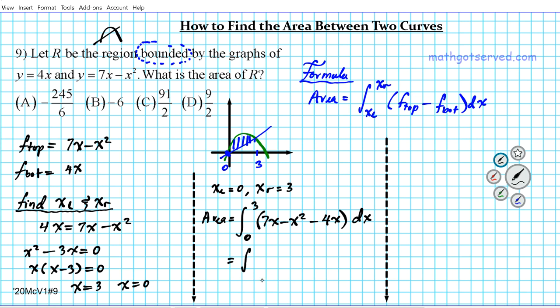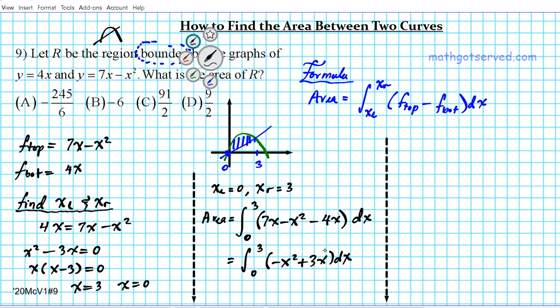So we have the integral from 0 to 3 of, combining like terms, negative x squared, and then 7x minus 4x is plus 3x. All right, so let's go ahead and integrate. With FTC1, you integrate and evaluate the antiderivative at the top minus the antiderivative evaluated at the bottom, okay?